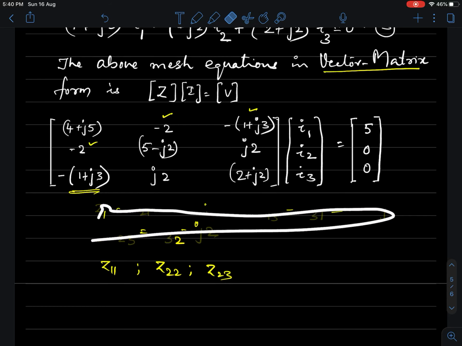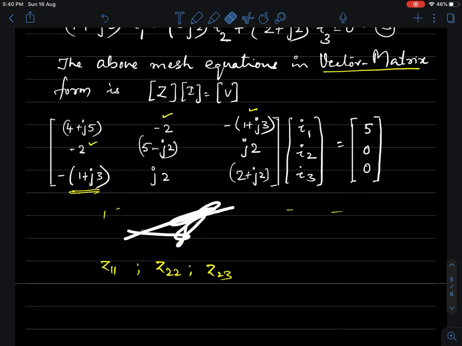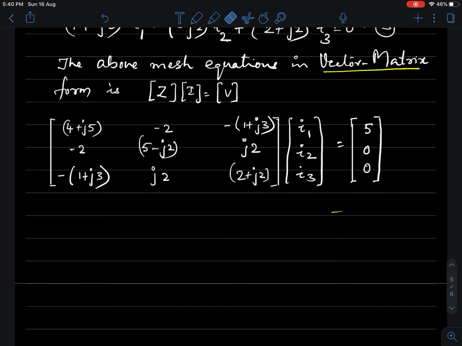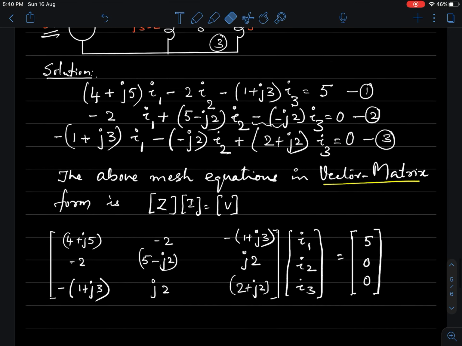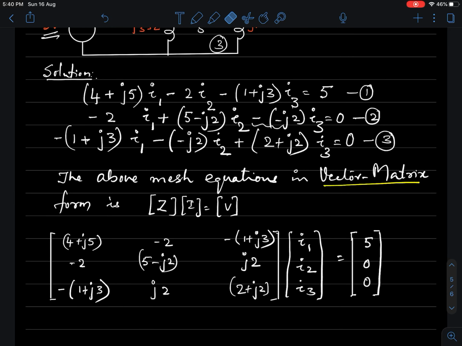So this is another problem which has helped us understand the method of writing the mesh equations by inspection. By inspection we mean by looking at the network. See how quickly we were able to write these equations. With practice you can write them in no time.